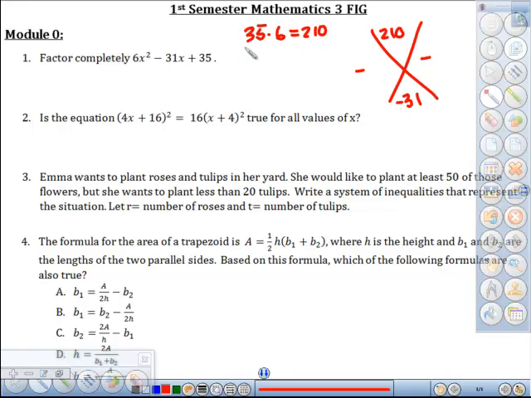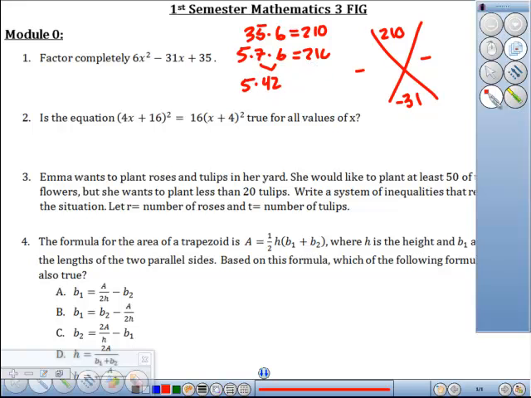So let's try to change this up a little bit. How about 5 times 7 times 6? I know that'll equal 210. So if I rearrange this and say, how about this right here? This is 42. 42 times 5, that won't give me 31.